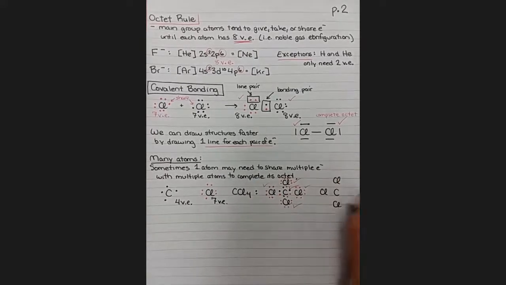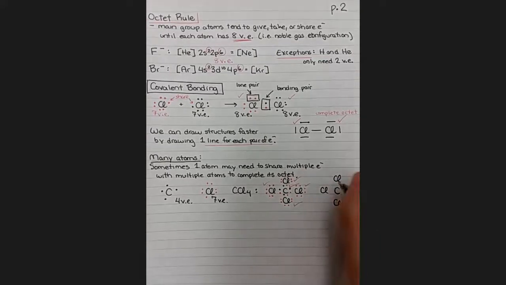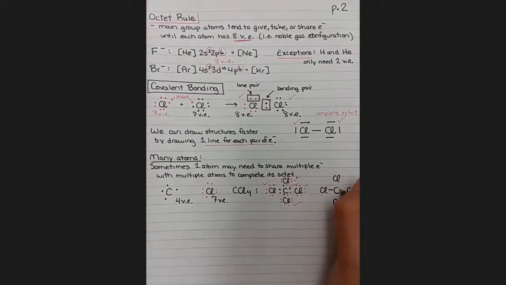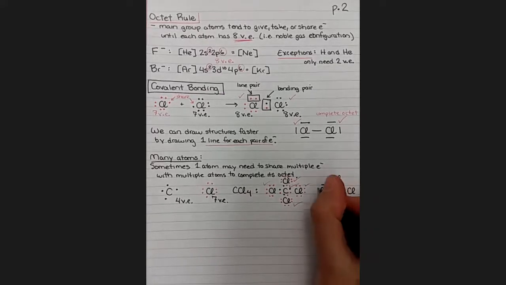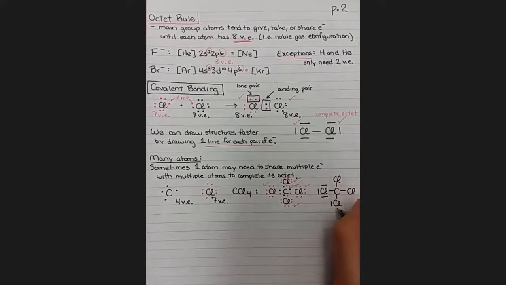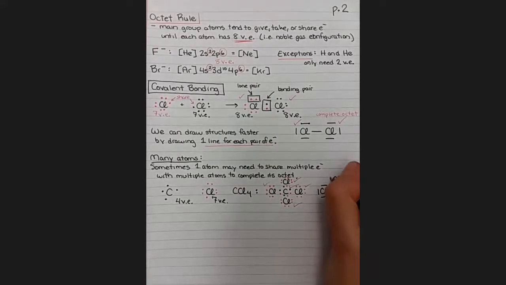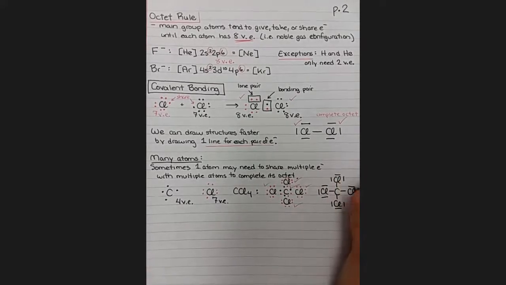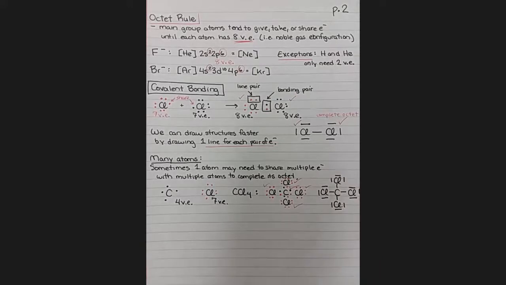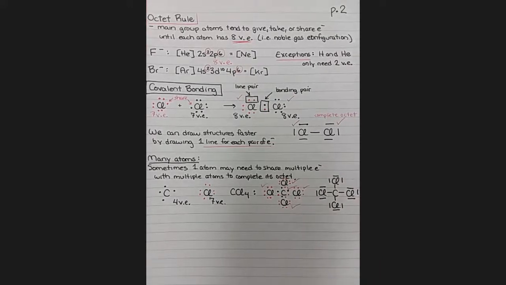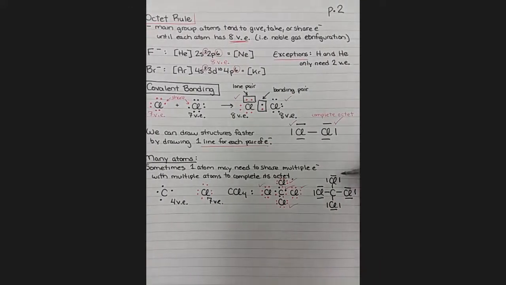Much less crowded diagram. So we have 1 line for each pair of electrons in the bonding pairs and 1 line for each of the lone pairs around these chlorines. And we can count and make sure the octet is filled, remembering to count 2 electrons for each line.